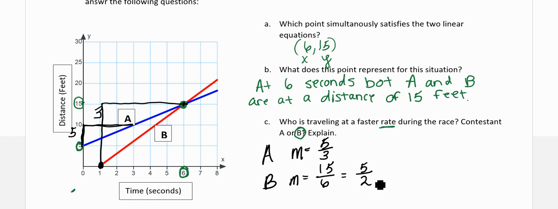So they're actually traveling 5 feet in 2 seconds, where A is traveling 5 feet in 3 seconds. So who's traveling faster? The person who goes 5 feet in 3 seconds or the person that goes 5 feet in 2 seconds? I hope you say the person who's going 5 feet in 2 seconds. So B is traveling faster.